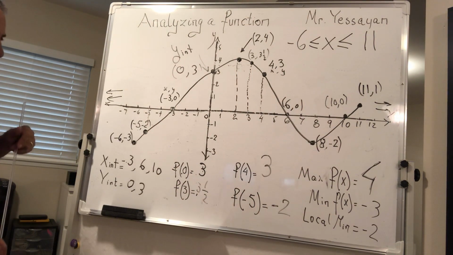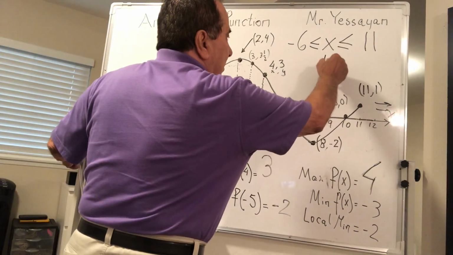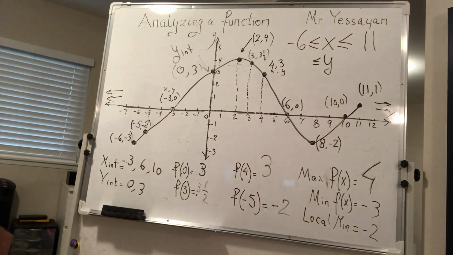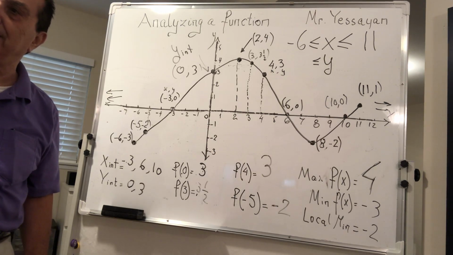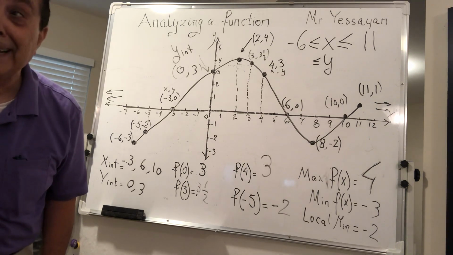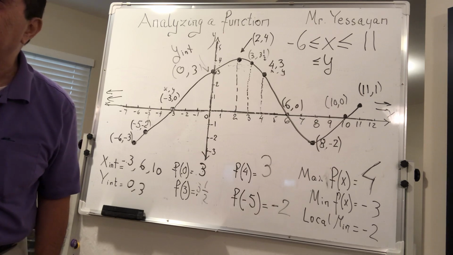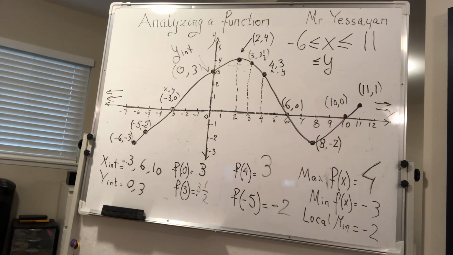So what's the value of the minimum value of my function? -3.